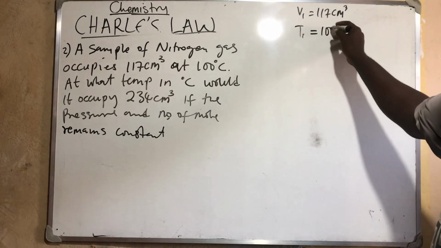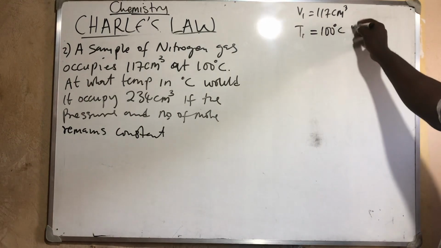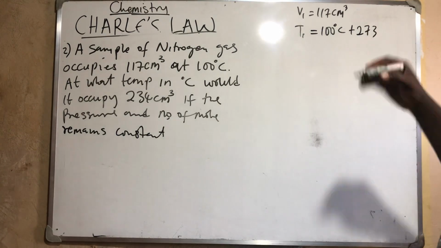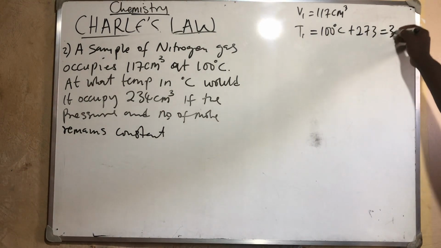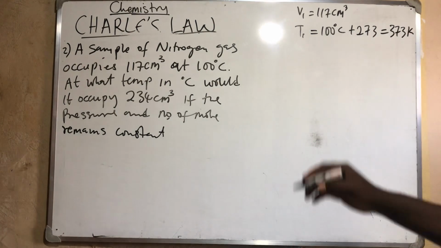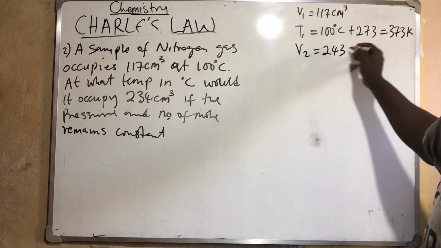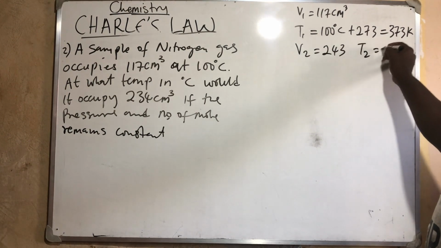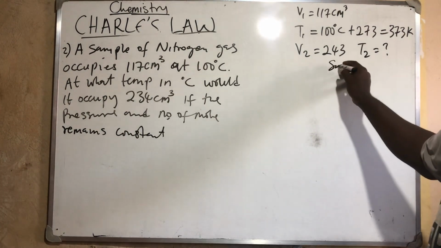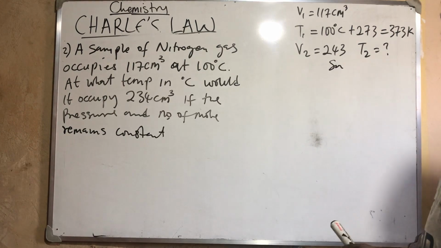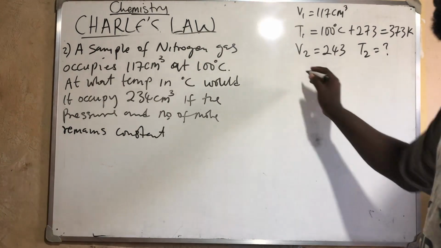So my temperature must always be in Kelvin. Degrees Celsius plus 273 is how to convert to Kelvin, which is 373 Kelvin. So they gave us V2 as 234, and then T2 is unknown. So solution, from here we will now have our formula that says that what?